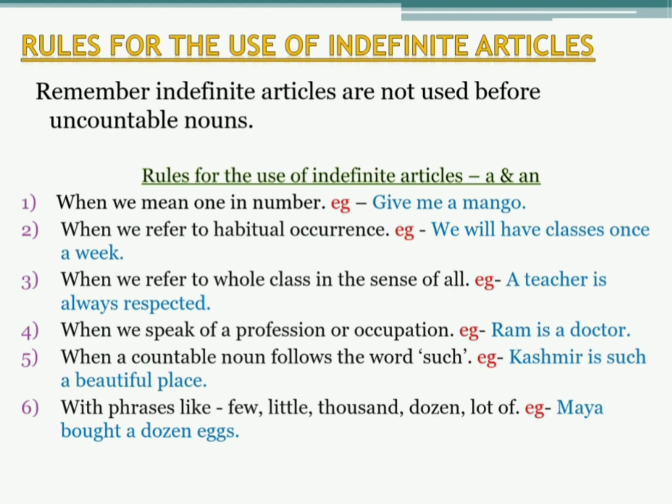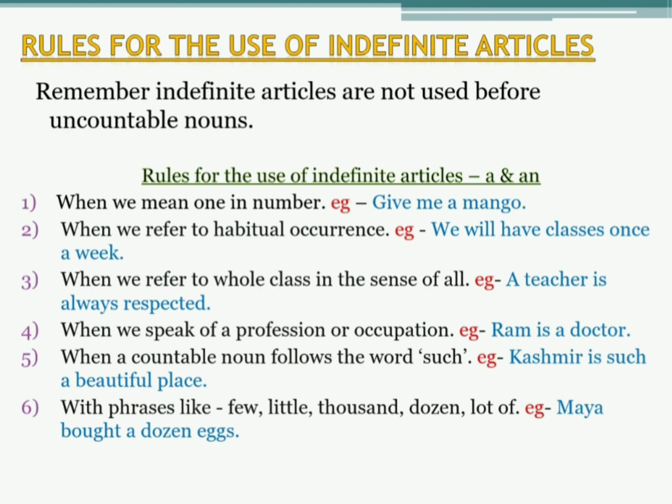Rule number 2, when we refer to habitual occurrence, for example, we will have classes once a week, indicating that the class is only going to be held one time in a week.